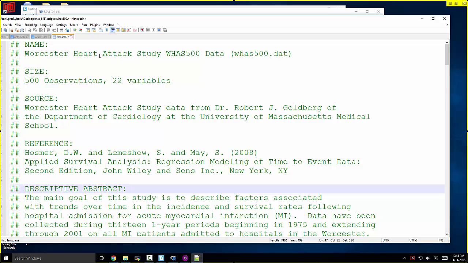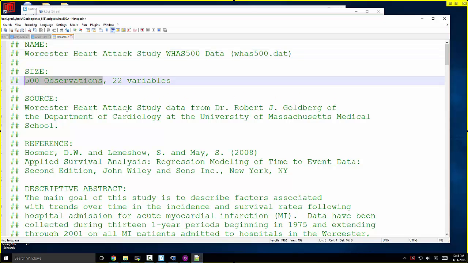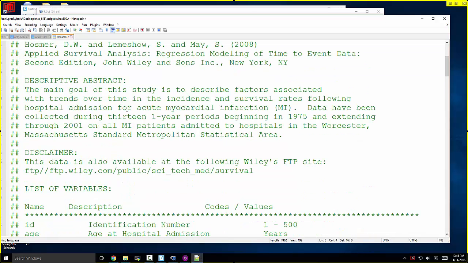These come from a heart attack study where we have 500 individuals and 22 variables. So the main goal was to describe factors that are associated with trends over time in incidence and survival rates following admission for a heart attack, hospital admission for a heart attack.